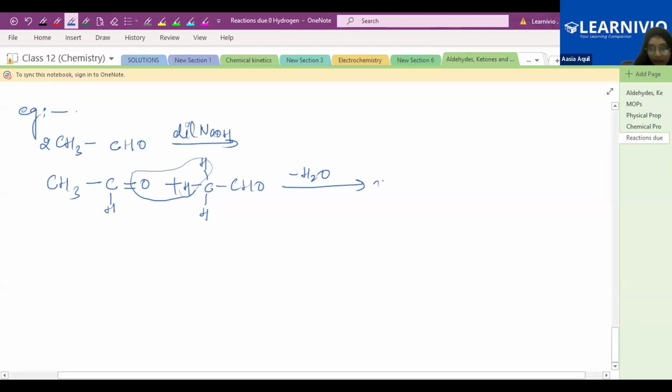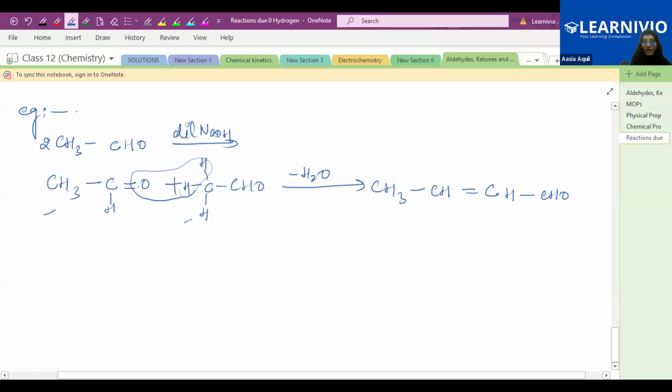So what will you get? CH3, then CH, and this will get attached over here with the double bond CH, and CH. That is your final answer. This is a self-aldol condensation. If you write one molecule like this and the second molecule like this, from the first molecule you have to remove one oxygen, and from the second molecule you have to remove the hydrogen.